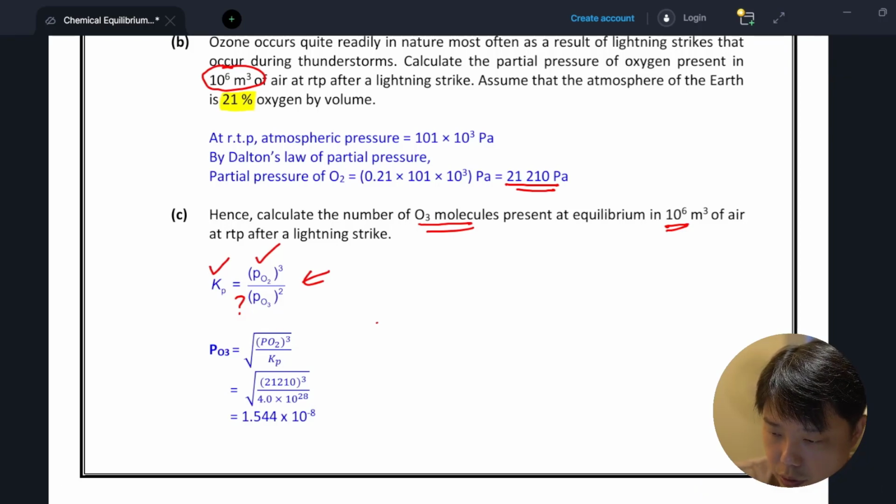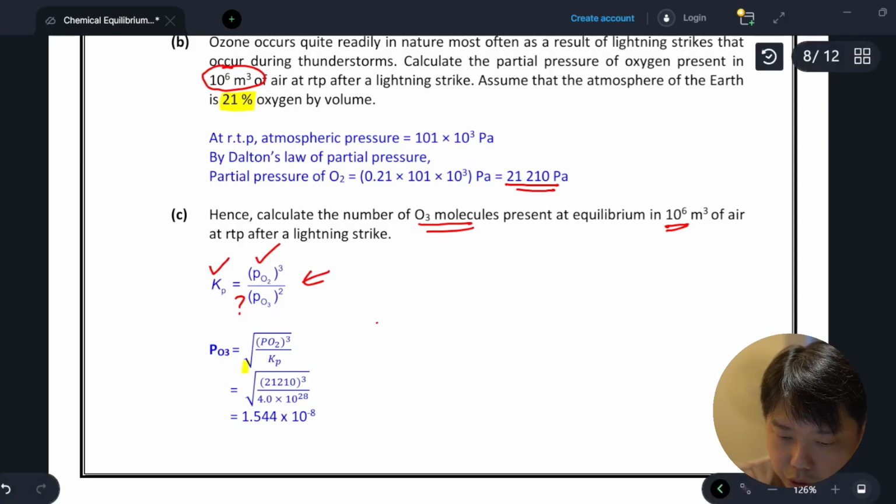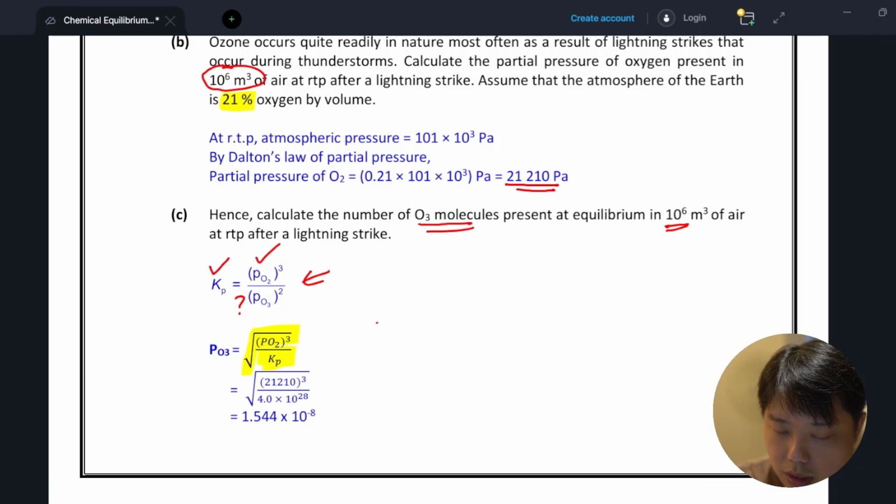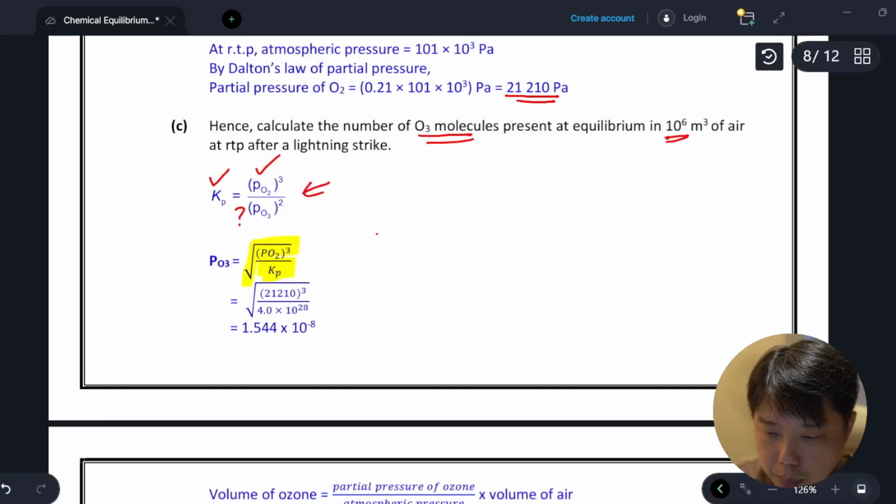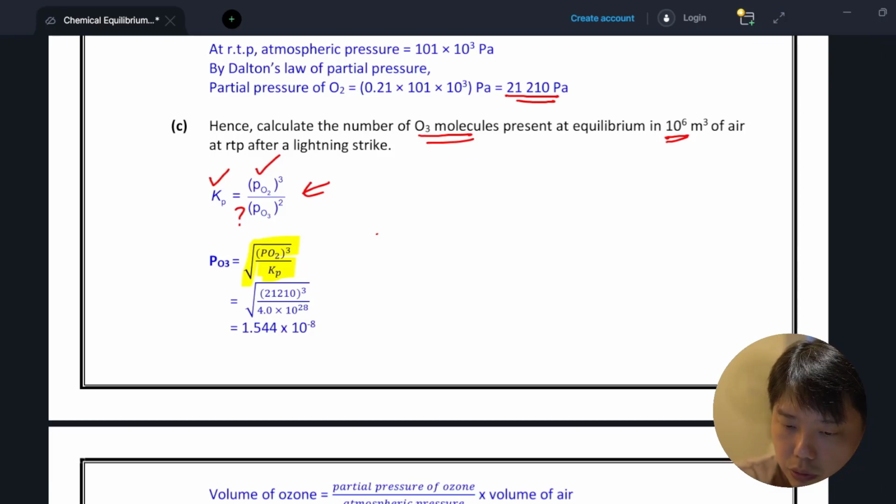At this point, I just want to remind all of you to make sure that you know how to key these numbers into your calculator. Once you've got the partial pressure, you want to use that to calculate the number of ozone molecules. In order to calculate the number of molecules, obviously we have to calculate the number of moles first.